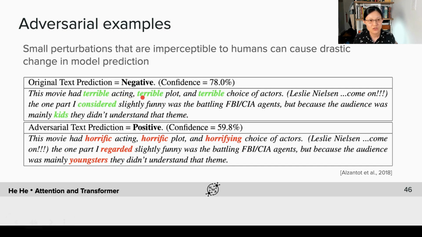If you just change the word terrible to horrific, and considered to regarded, kids to youngsters, which doesn't really change the meaning, we're basically doing synonym substitution. But in this case, the model's prediction is flipped from negative to positive, even though the confidence is a little bit lower. But if we deploy this model in production, the prediction would be flipped.